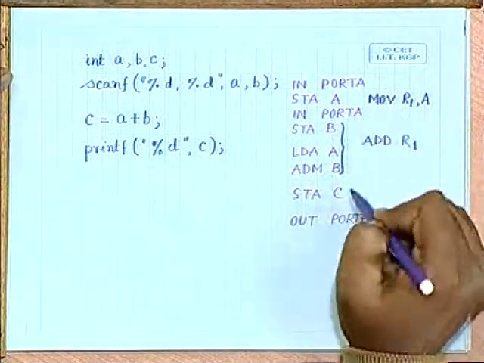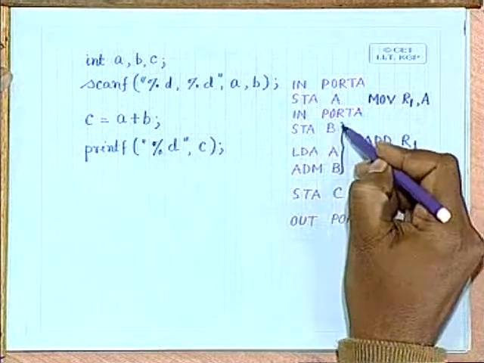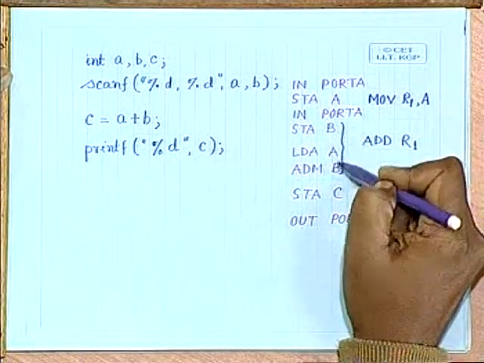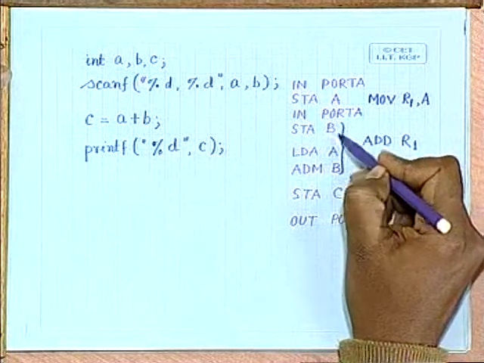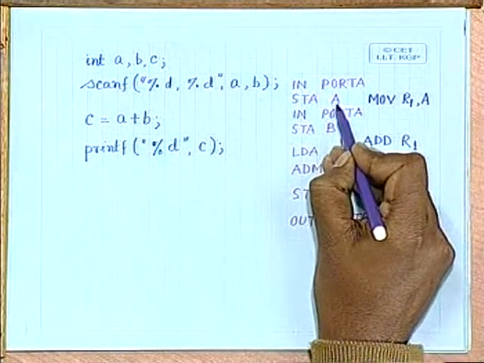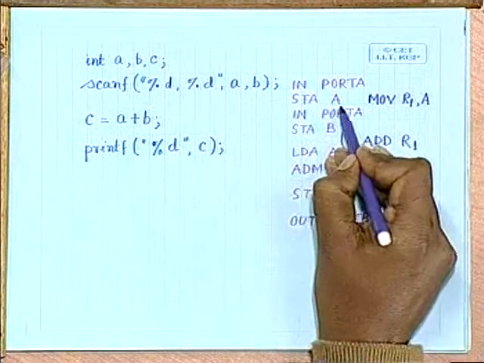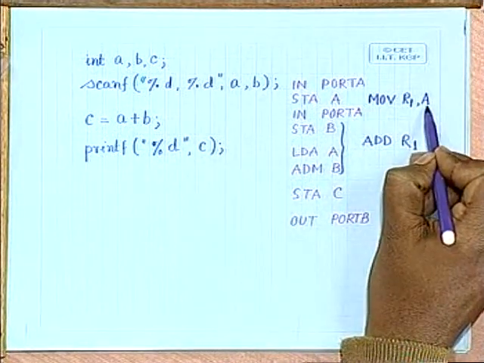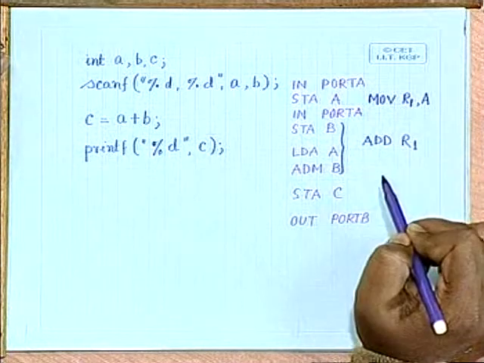So, by doing this, the advantage is I can perform the same task using fewer instructions, and not only that, this operation of moving the data from accumulator to memory has been replaced by the operation of moving the data from the accumulator to another register R1.